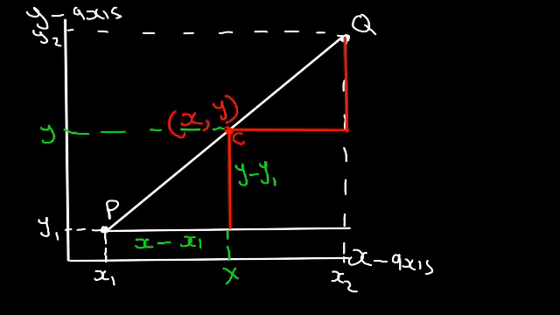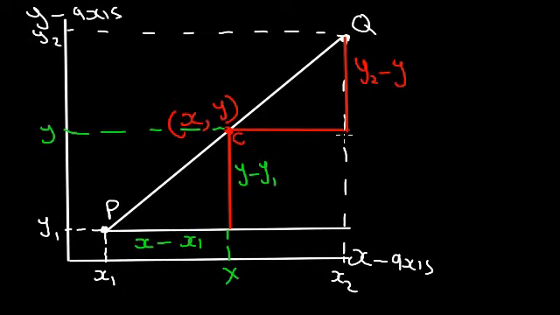Perfect. So now we can clearly see that since the maximum point along point Q is y2 and its minimum point is y, that is along the y-axis, then the distance will simply be y2 minus y.